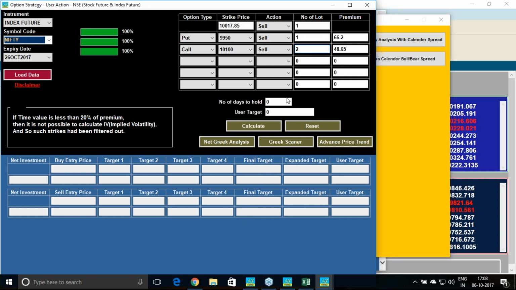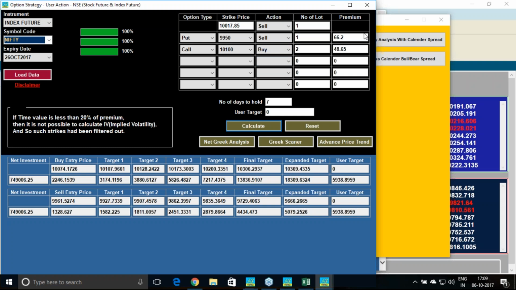I'm buying two lots to make it delta neutral. 7 days hold. Calculate, it is going up, no problem, I am making profit.